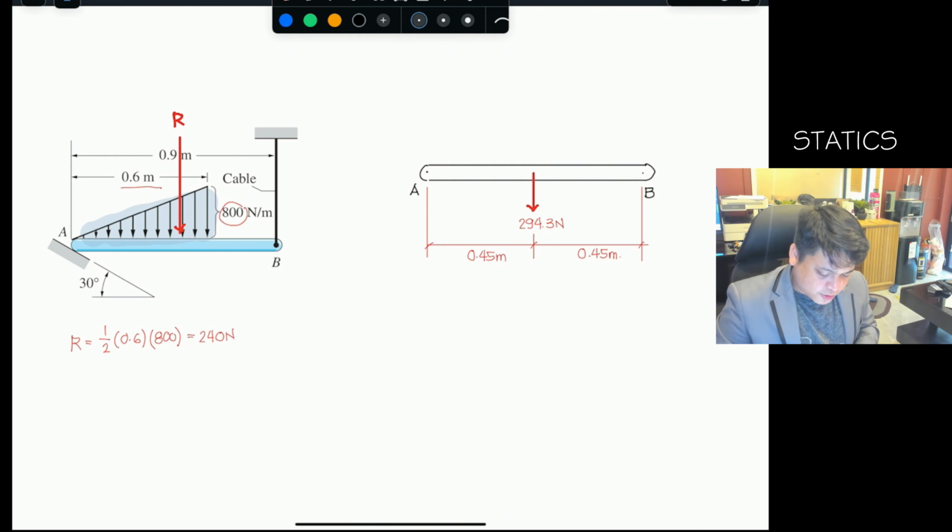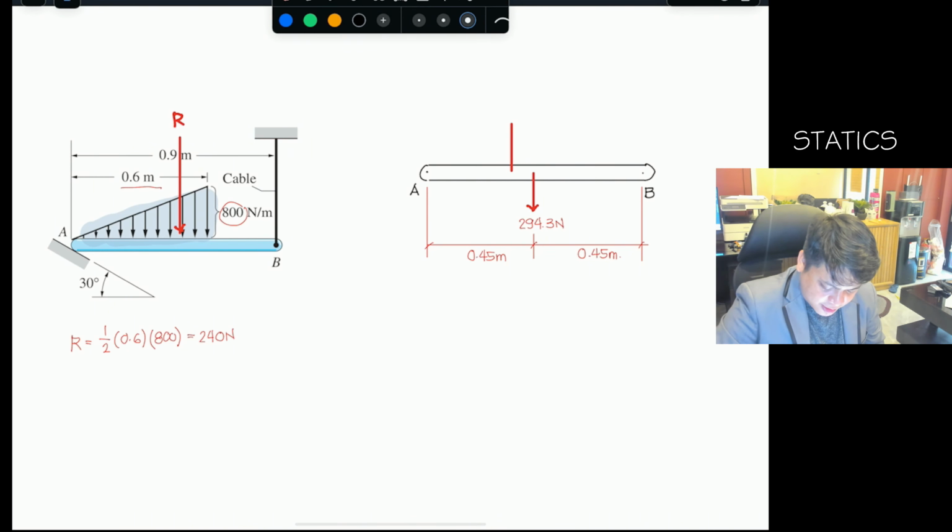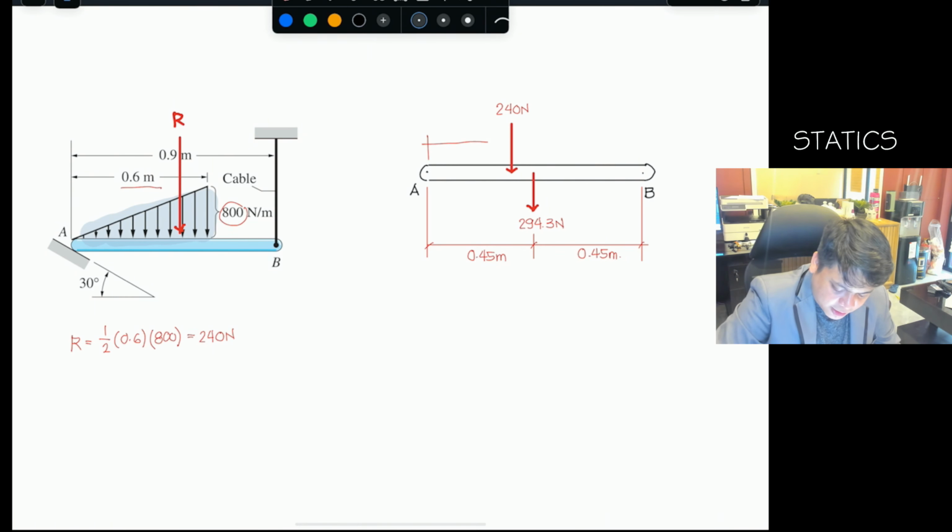Okay, so somewhere here, no? Pwedeng nalagay natin doon. Okay, ilagay mo doon. Okay, so meron kang 240 Newton. Again, its distance mula dito hanggang doon sa pinaka-force mo, that is 2/3.